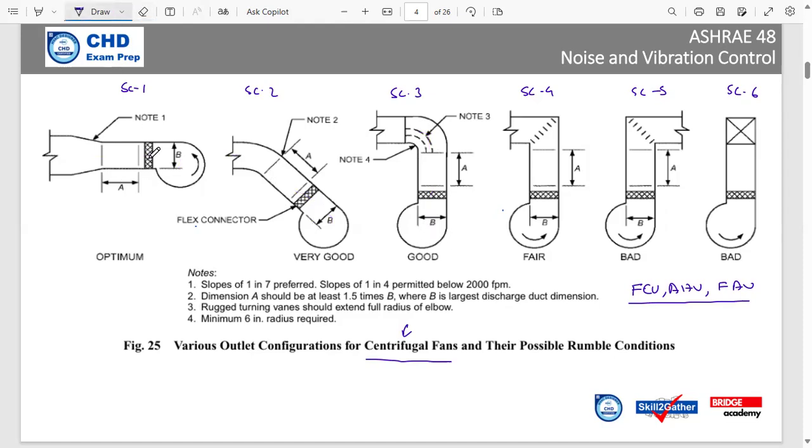In scenario number 1, here we have the centrifugal fan. After the centrifugal fan, there will be a canvas connection or whatever you use for a flexible connection. And after that, we are going to have a straight length of A. Then what is A and how long should the straight length be? For instance, let's say this is the opening of the centrifugal fan you have.